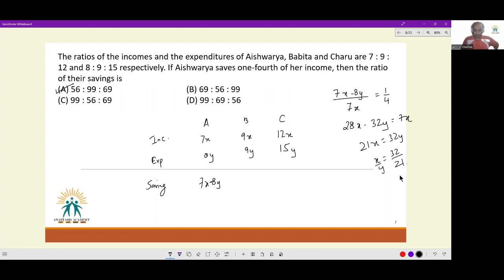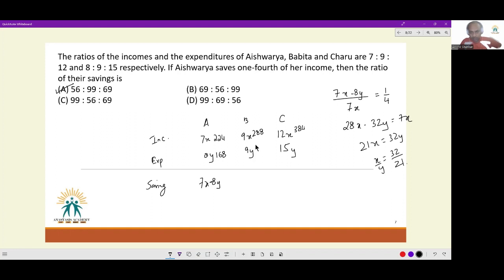Once we have reached this place, this is when we can perhaps jump out and do 7 into 32 for x, and 8 into 21 for y. 7 into 32 would be how much? It would be 224, and 8 into 21 will be 168. 9 into 32 will be 288. 12 into 32 will be 384.